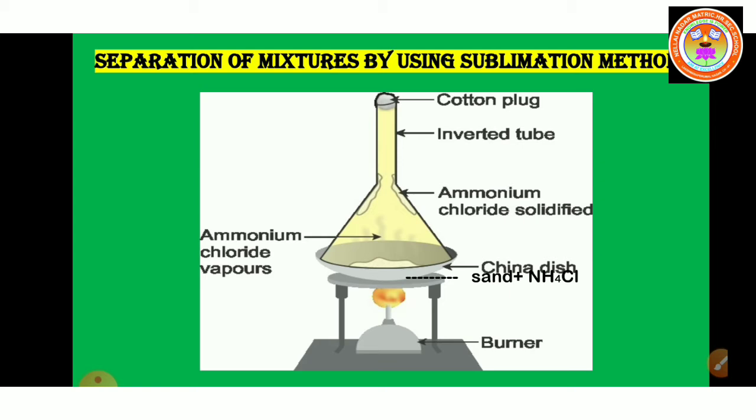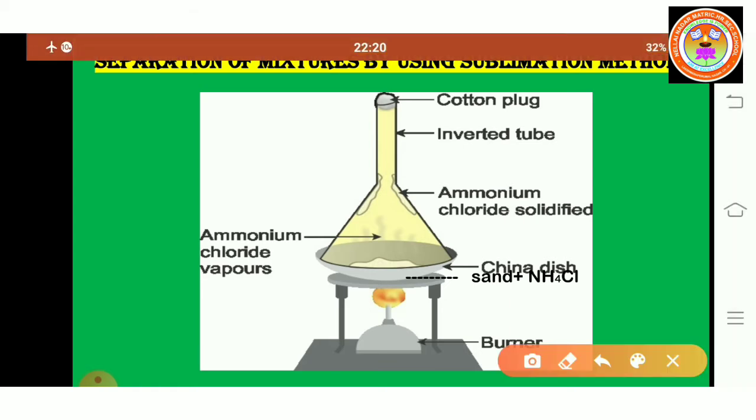Let us discuss separation of mixtures by using the sublimation method. The powdered mixture of ammonium chloride and sand is taken in a china dish. We know ammonium chloride is a sublimate, that is, the solid directly converts into gaseous state.